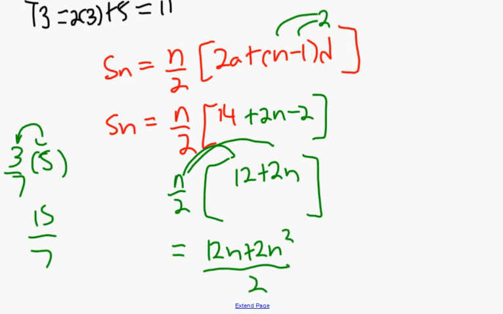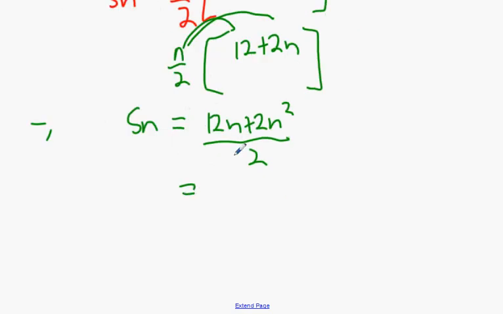Now, pay attention. Can I divide everything by 2 there? Does 12n divide by 2? 6n. Does 2n squared divide by 2? n squared. Now, that's what Sn is. Sn is 6n plus n squared.